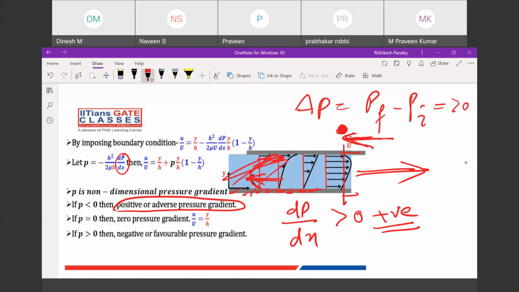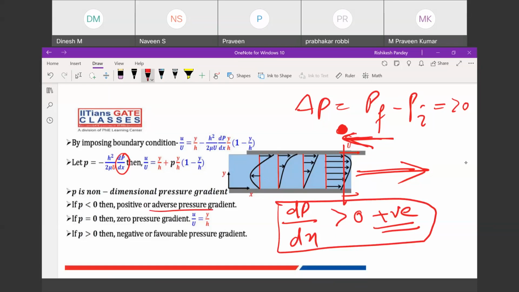That's why we get a profile like this. Up to this location we get reverse flow. In this location we get flow in the plate direction only. So they can ask when we get reverse flow. We can get reverse flow when there is a positive or adverse pressure gradient. This point you can make a note of.